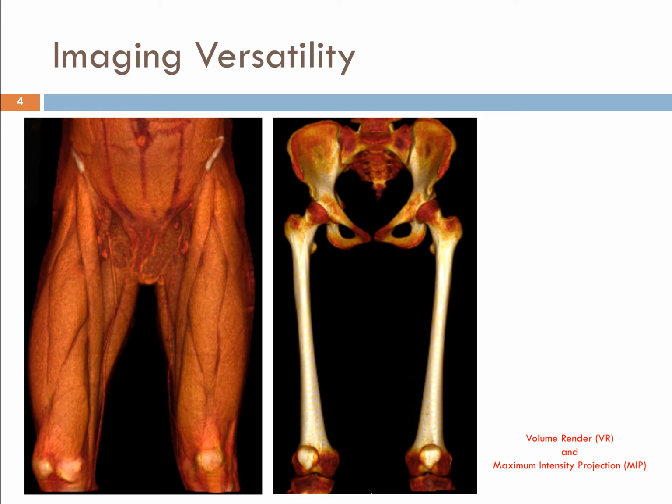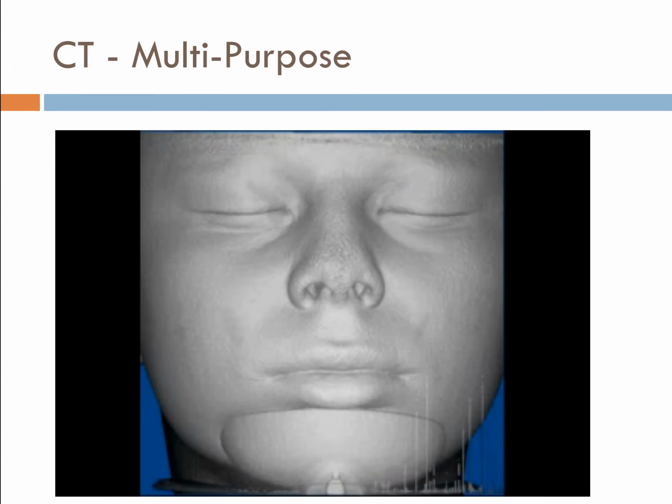So this patient's gone through the scanner once, and by virtue of the algorithms that have been applied to that three-dimensional data, you're not required to scan the patient twice, but can look at both the soft and hard tissue characteristics.